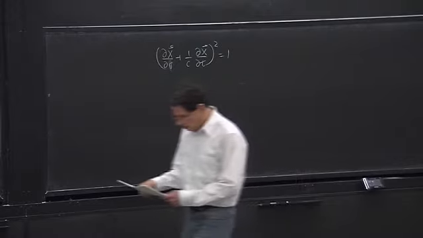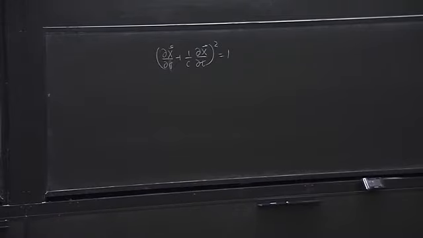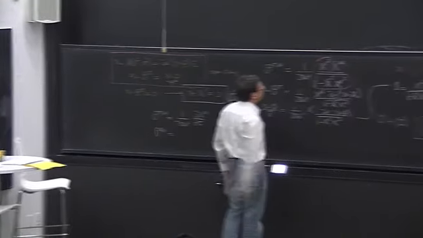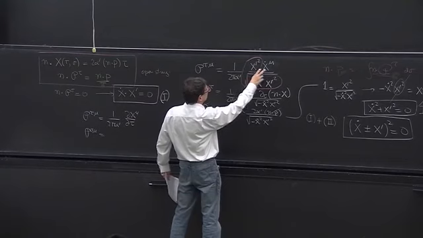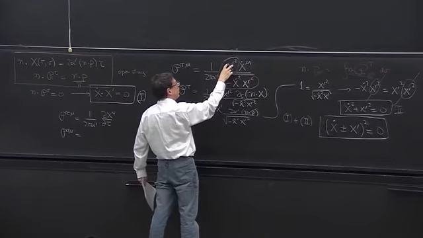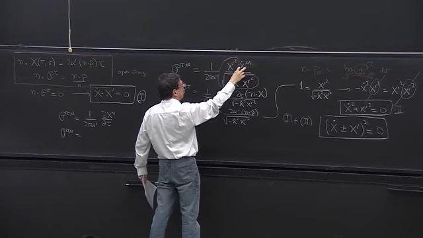So these are our conditions, and then what happens? P tau mu is now 1 over 2 pi alpha prime dX mu d tau. Very nice. And P sigma mu, well, if you have what we were writing last time, you will see that things again simplify quite dramatically. The only difference is really a minus sign, and this is x dot squared, and this is x prime.